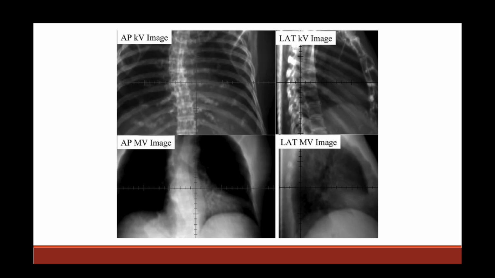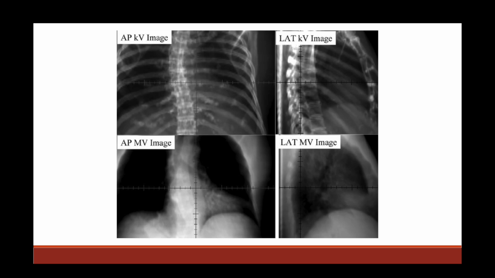Now, for reasons that we won't spend too much time on here and that you will learn in physics class, MV and KV images look very different. MV is much better at soft tissue contrast. So if you're imaging something like the breast and you're trying to line up to treat the breast, MVs might be very useful.